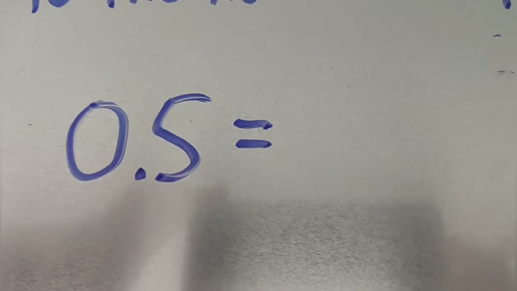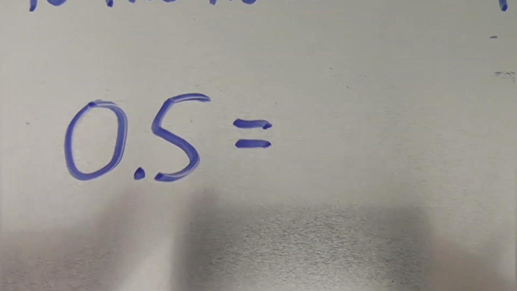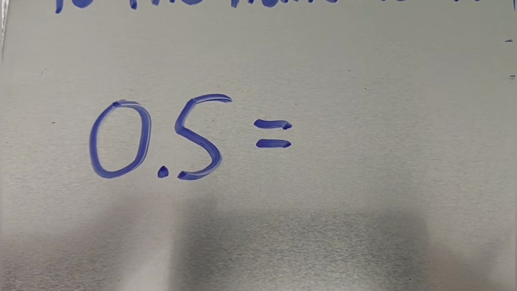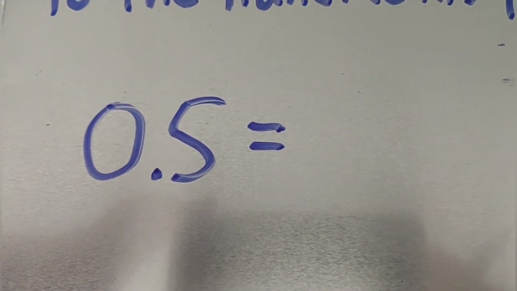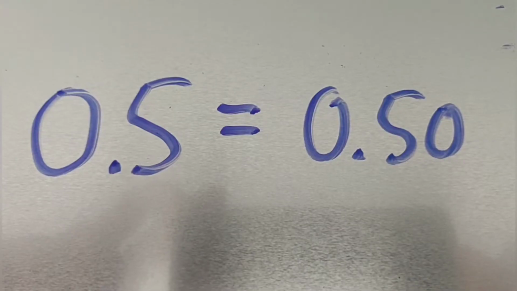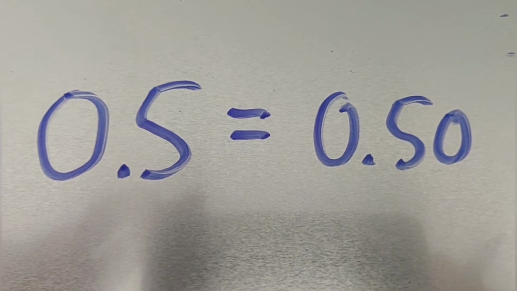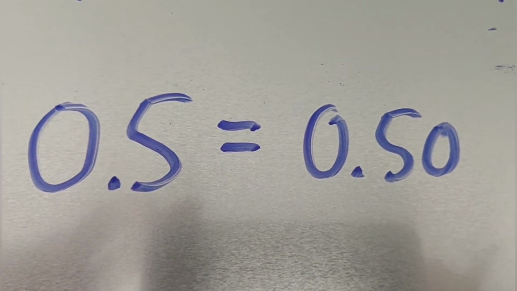thing. So if I have a decimal with a digit in the tenths place, for example 0.5, I can always express that as 0.50 because 5/10 equals 50 hundredths.